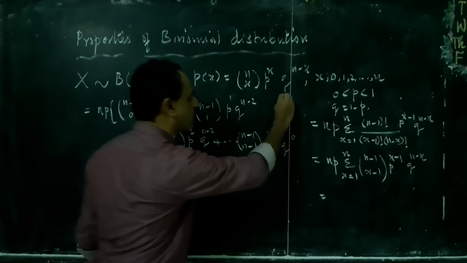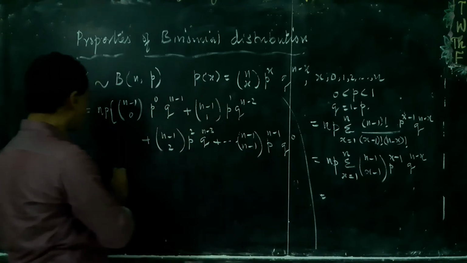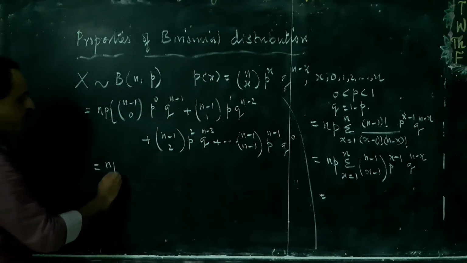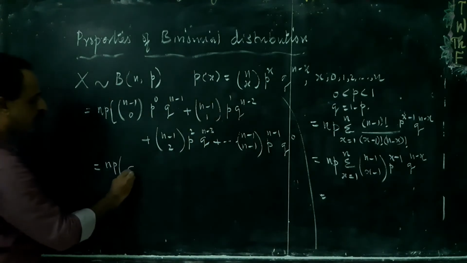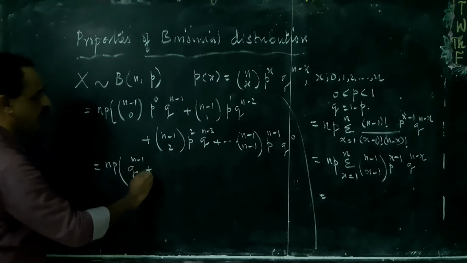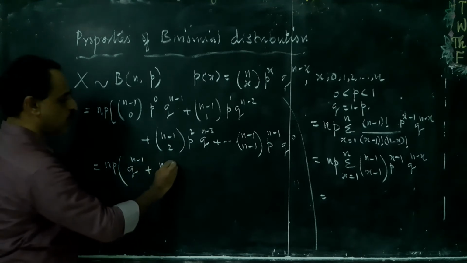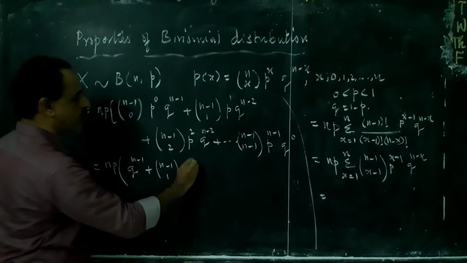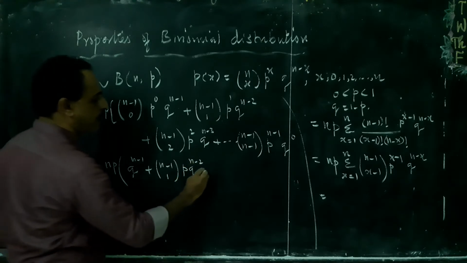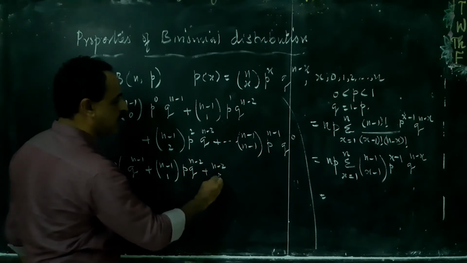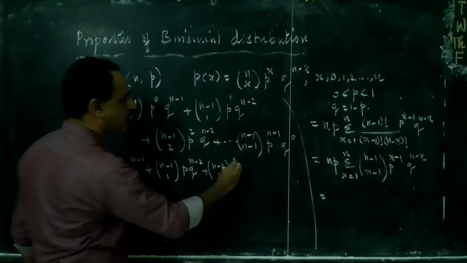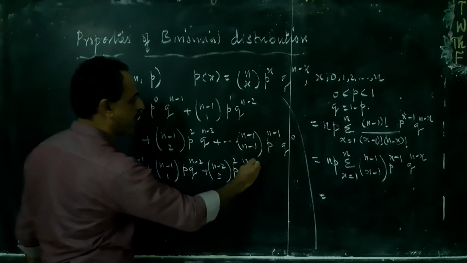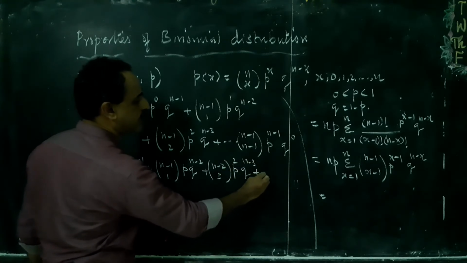which is 0. So, it becomes np into [q raised to n minus 1 plus (n minus 1)C1 p q raised to n minus 2 plus (n minus 1)C2 p square q raised to n minus 3 plus etc.].